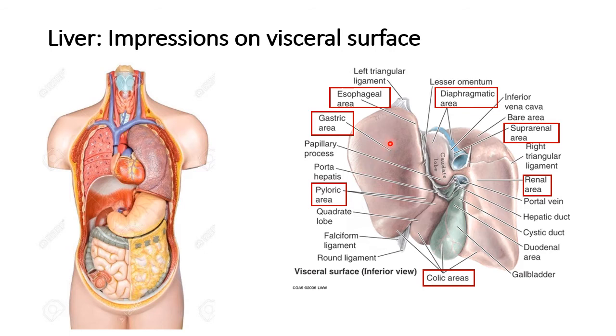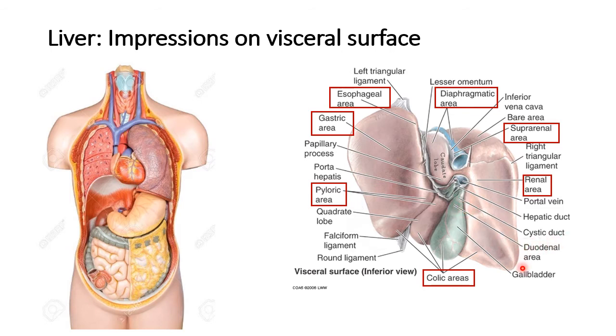Now, this is the left lobe, where there is the gastric impression. So the stomach is found like this. So this is the fundus, the body, and then the pylorus, and that should be the duodenum. So the duodenum is there. So stomach, gastric area, the pyloric area, and the duodenal area.